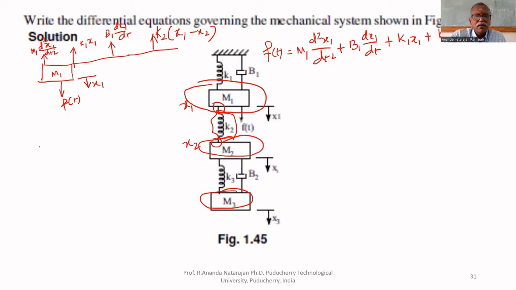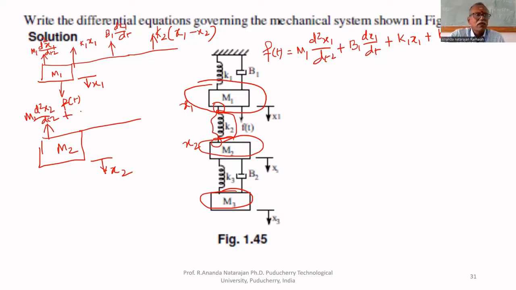Now, if you take the free body diagram for M2, what are the forces? No applied force on M2, but only reaction forces. What is the direction of displacement? The direction of displacement is downward. Therefore, reaction forces will act upward. What are the reaction forces? M2 d square x2 by dt square plus spring K2, which is connected to both M2 as well as M1.